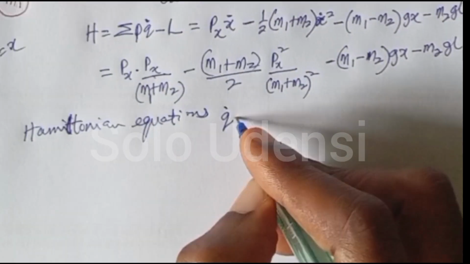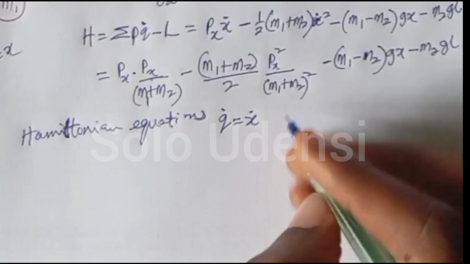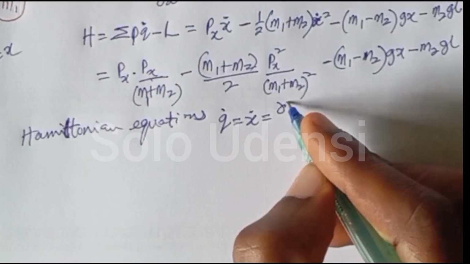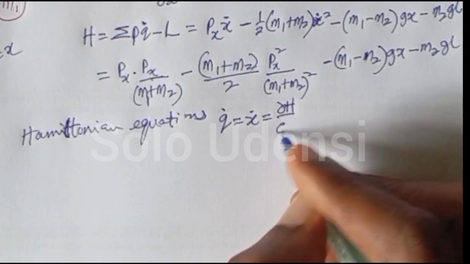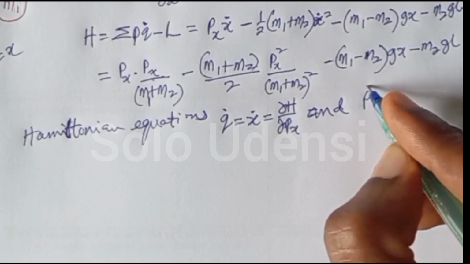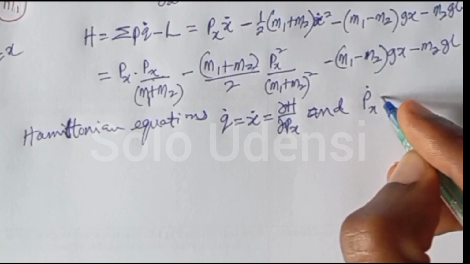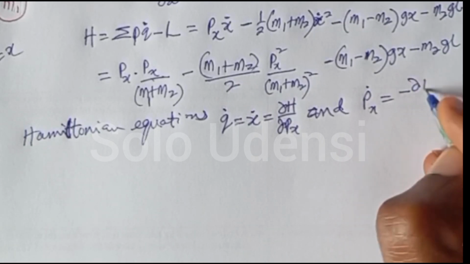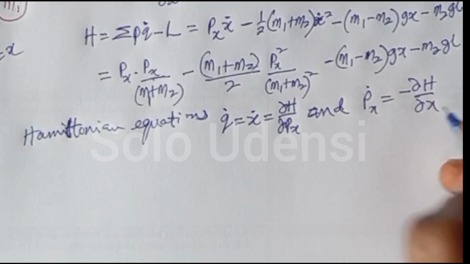Q dot, that is our X dot, is equal to partial H over partial Px, and Px dot is equal to minus partial H over partial X.